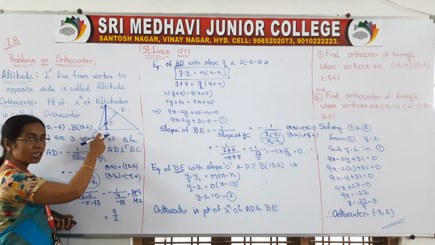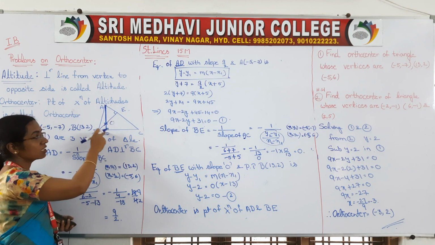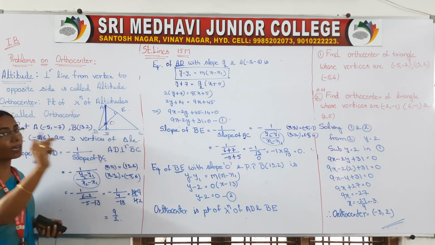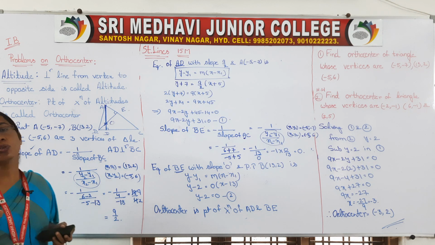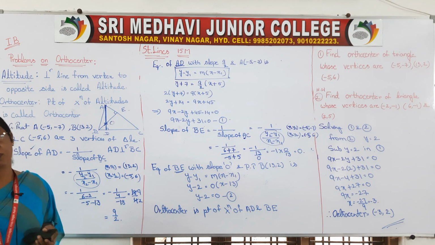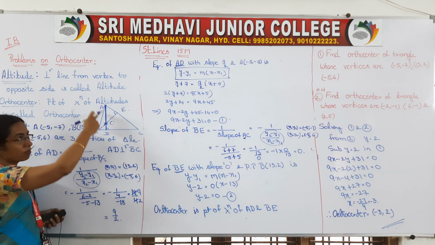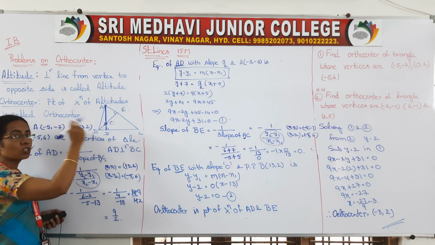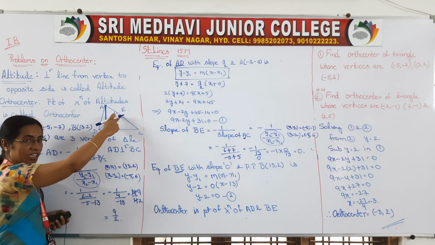AD is one altitude, BE is another altitude. The point of intersection of altitudes is called the orthocenter. So to get the orthocenter, we need two altitude equations, two line equations. Altitude is nothing but the perpendicular line from a vertex to the opposite side.